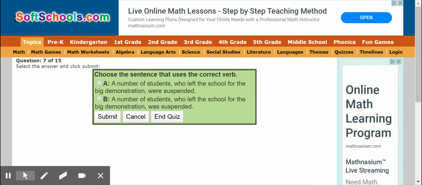So in this case, we want to pick the plural, were, even though the word number is singular. Because it's preceded by the word a, we want to go with were. And in this case, a number is referring to students. So again, it becomes plural. It's a little confusing, I know. But we're going to pick A for number 7.